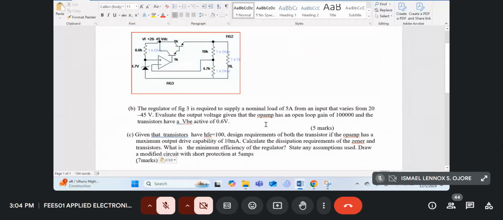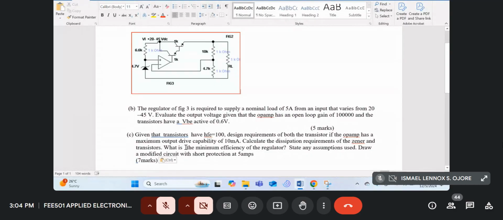Okay, let's do the second part. Given that the transistors have an HFE of 100, design the requirements for both of the transistors, if the op-amp has a maximum drive capability of 10 milliamps. Then calculate the dissipation requirements of the Zener.